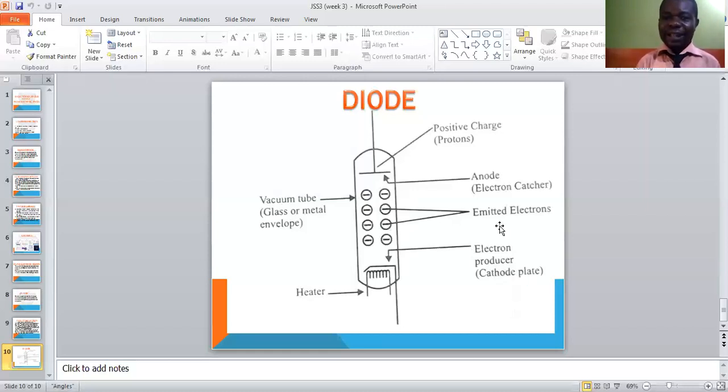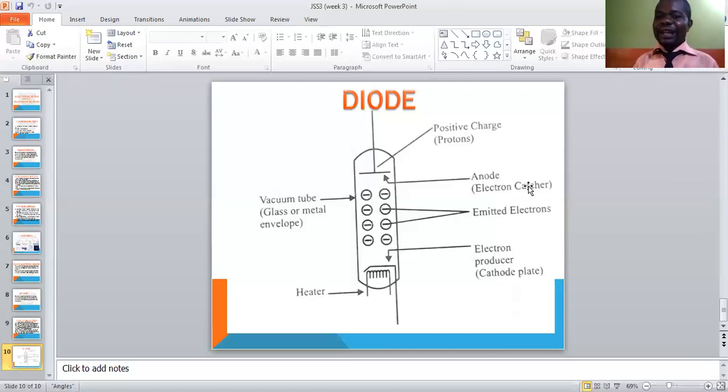Then this is the emitted electron, and the electron catcher is the anode that receives. That's what I told you in the definition of the diode. The electron catcher, that's the anode, is the receiver, and the electron producer is the cathode.